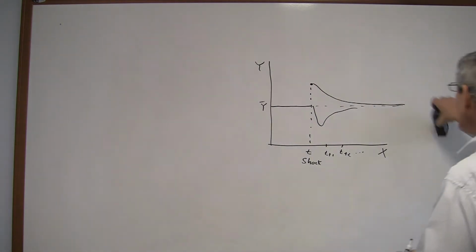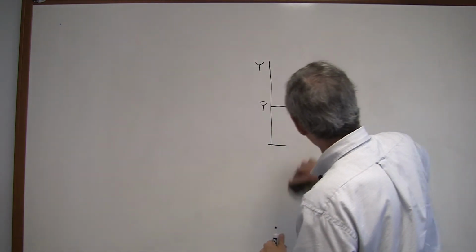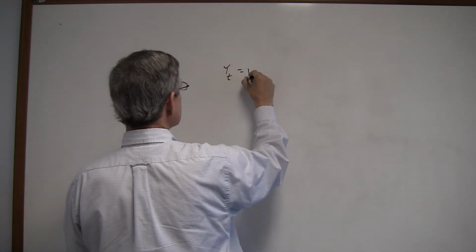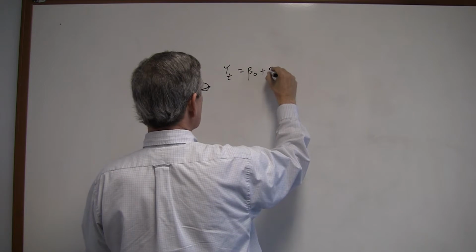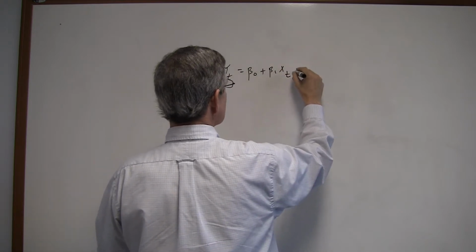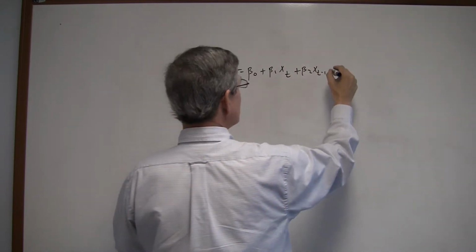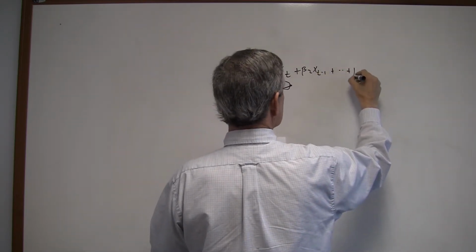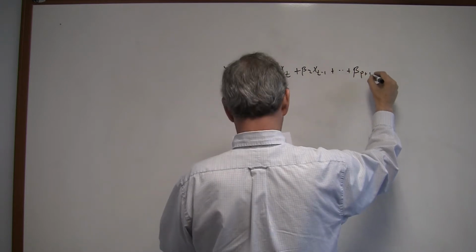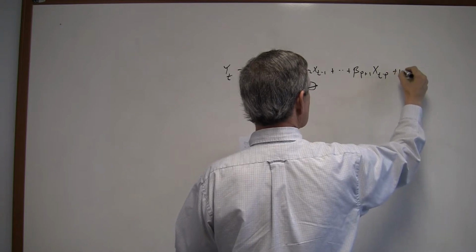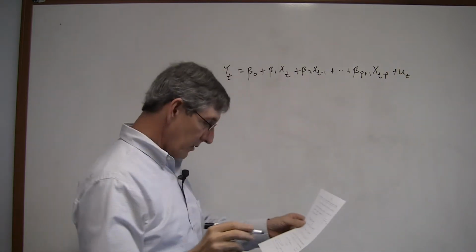Now, the basic model we'll be using is fairly simple. It's simply y_t equals beta_0 plus beta_1 x_t plus beta_2 x_{t-1} out to beta_{p+1} x_{t-p} plus some error u_t, like always.